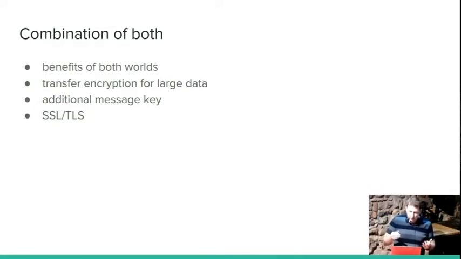So then you usually use an additional key, like you have the asymmetric key pair and an additional key that you use for encrypting the data, and that's something that is always used for SSL or TLS, and it looks like this.